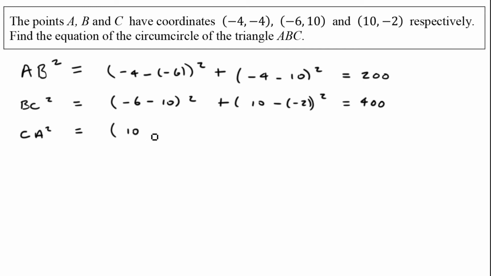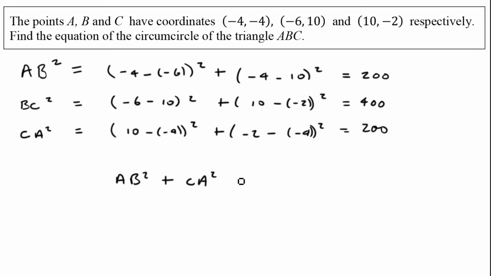That is 10 subtract -4 squared plus -2 subtract -4 squared, which is also 200. We can see that the distance from A to B squared plus the distance from C to A squared is the distance from B to C squared. Therefore, the lengths of the sides of that triangle satisfy Pythagoras' theorem, and therefore it is a right-angled triangle. Let's illustrate this situation.